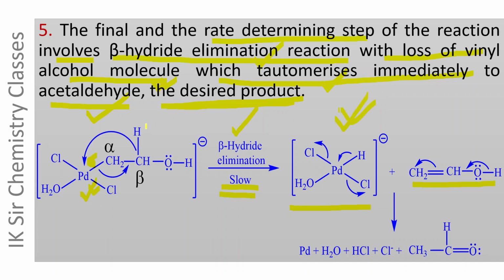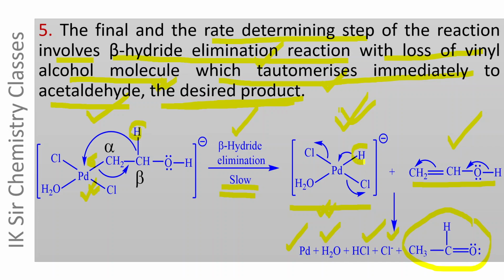This beta hydrogen atom is transferred from beta hydroxy alkyl group to palladium atom, forming metal hydrido complex and vinyl alcohol. Vinyl alcohol tautomerizes to acetaldehyde as indicated by the arrow for electron transfer, and this metal hydrido complex decomposes forming palladium, H2O, HCl and Cl minus ion.